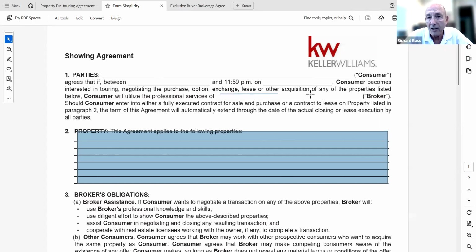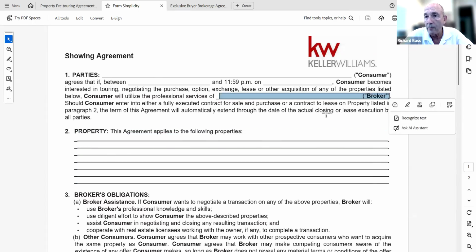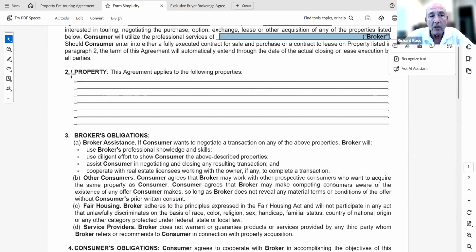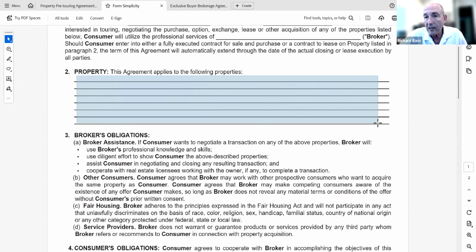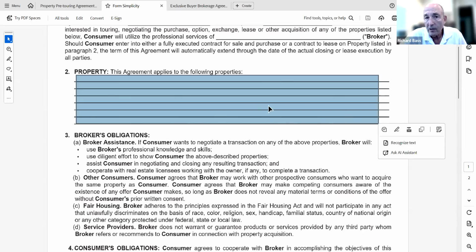And in this box here, again, this is the broker. This is the name of your office. It's not your name. So if you're taking somebody out and you're going to be showing them 4 or 5 properties in the next day or two, this is where you're going to be listing each one of those properties.